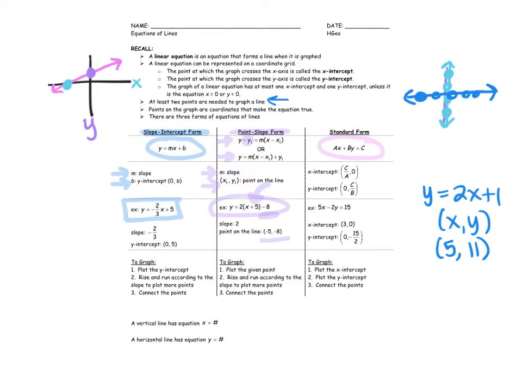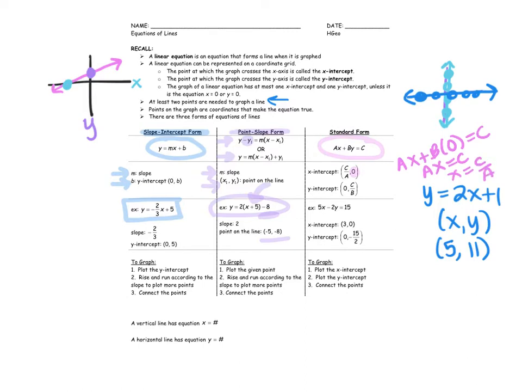What standard form tells you most easily without transforming it into slope-intercept form is the x-intercept and the y-intercept. So when you plug in 0 for y, we will have ax plus b times 0 is equal to c. Anything times 0 is 0, so ax is equal to c, and to solve for x, we get that x equals c over a.